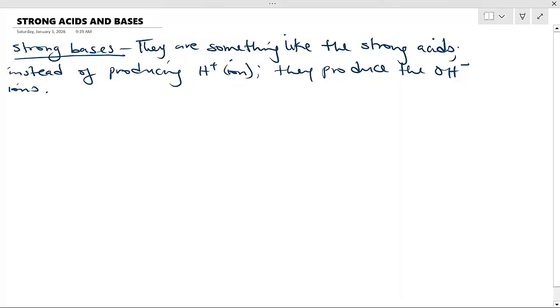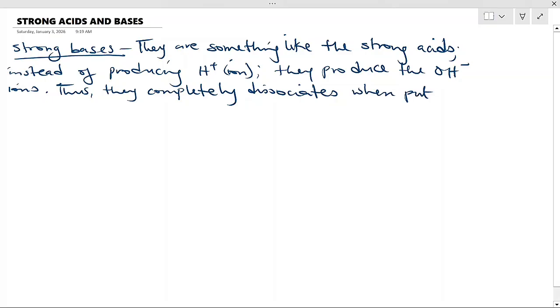Thus, they completely dissociate when put into water as follows.